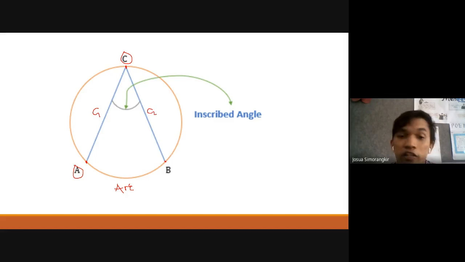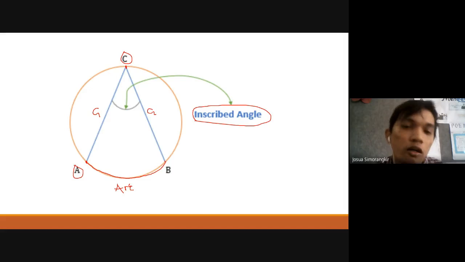So the inscribed angle is the angle created from these two lines, chord 1 and chord 2, that connect to this arc.